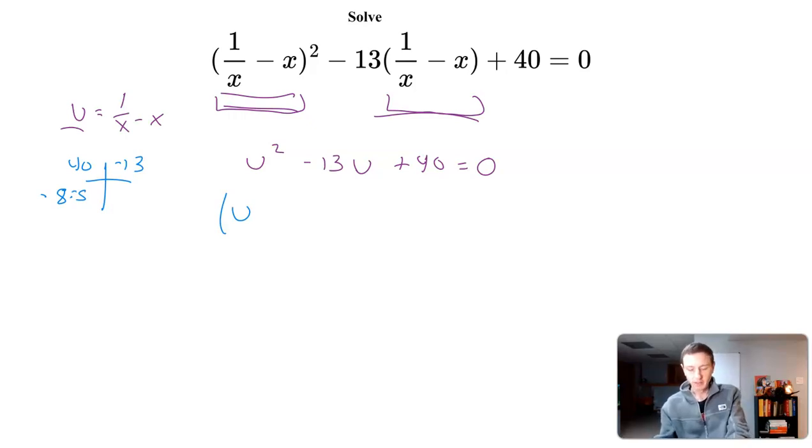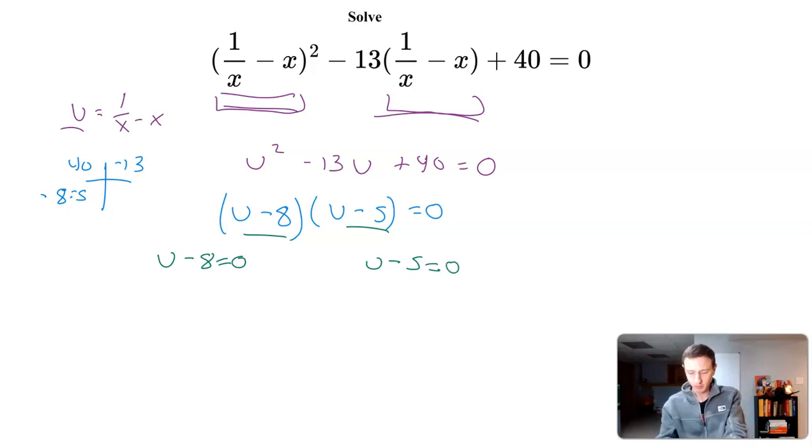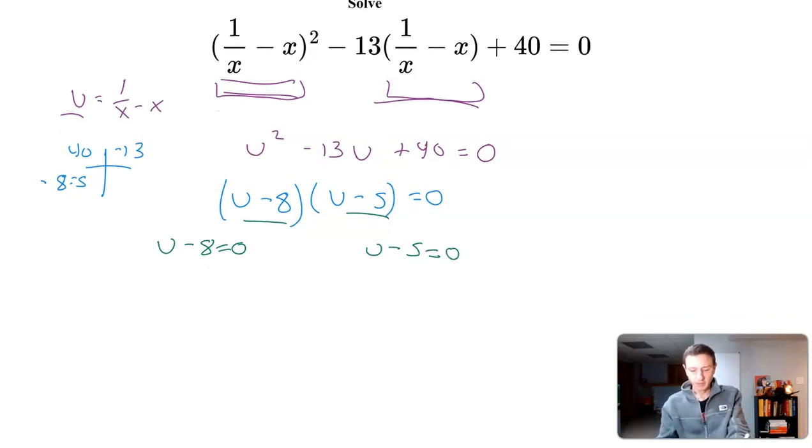So that's going to be u minus 8 times u minus 5 equal to 0. We now set these two terms equal to 0. So u minus 8 equals 0. This is no different than any other solving when you have to factor. And then we say u is equal to 8. u is equal to 5.